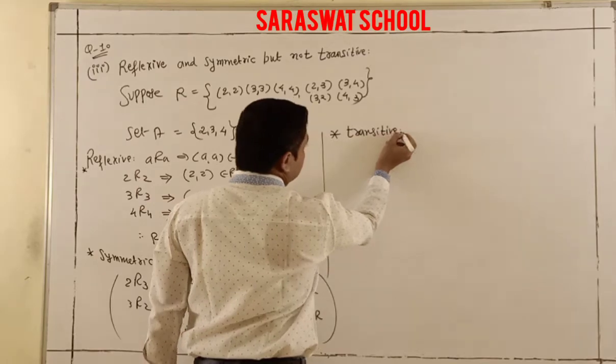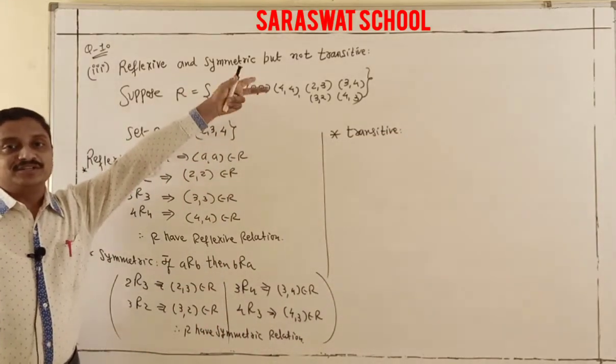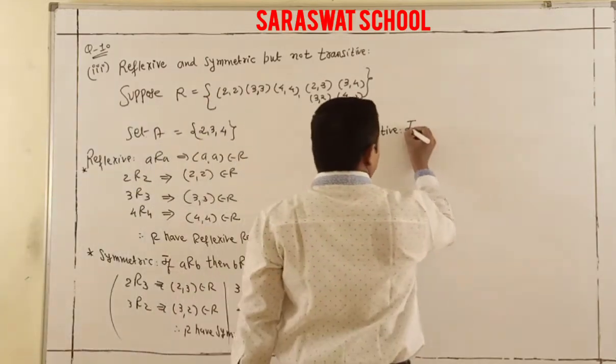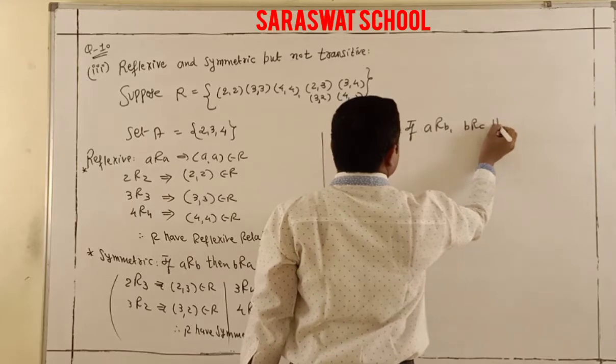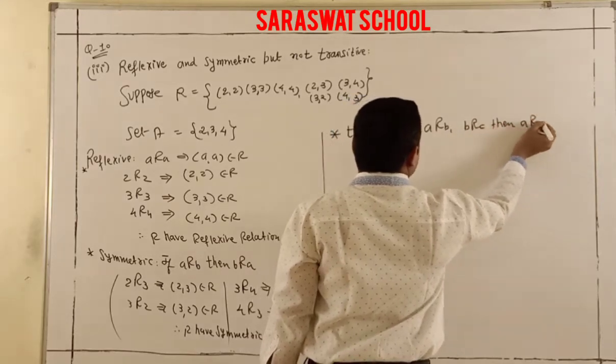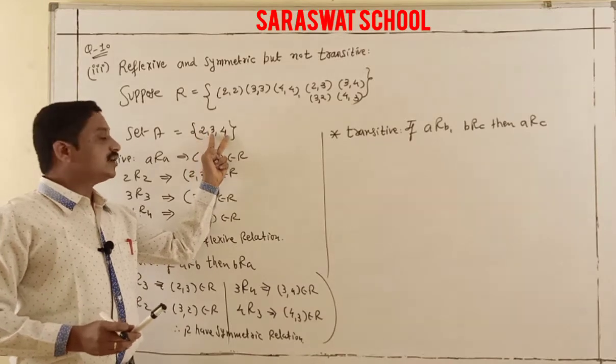And third one, transitive. Here it is not transitive. First the rule: if A relation B and B relation C, then A relation C. I check with the numbers 2, 3 and then 3, 4.